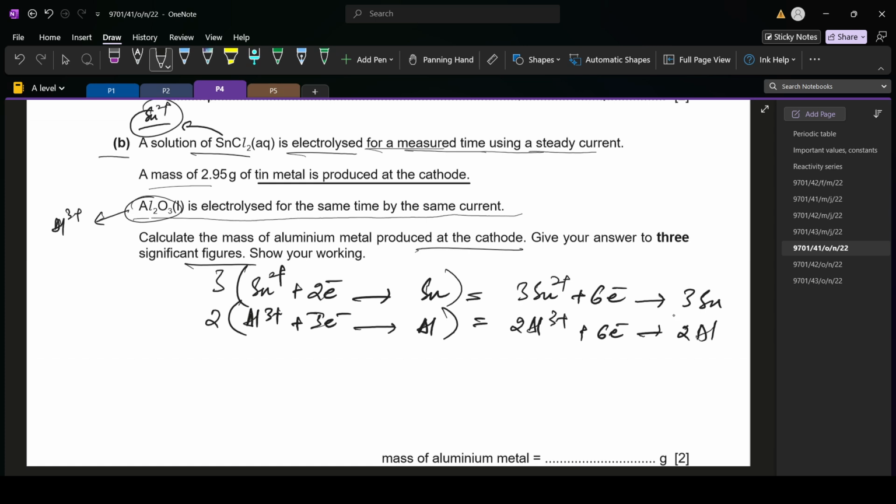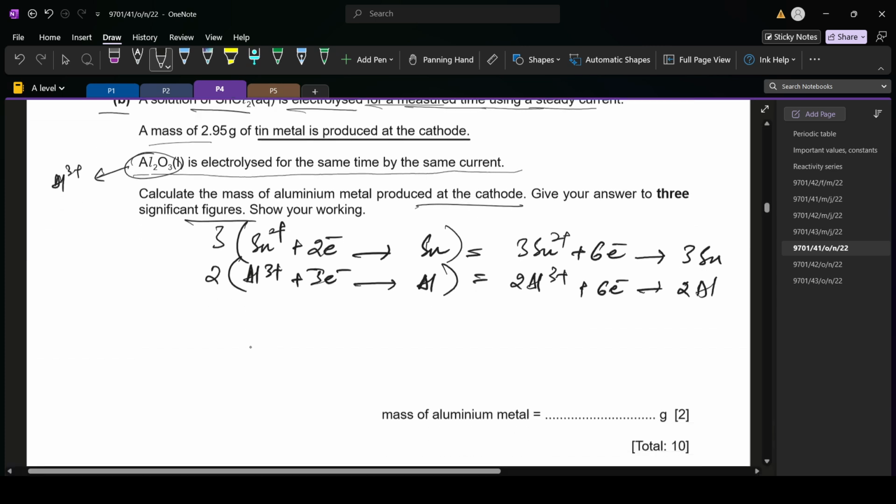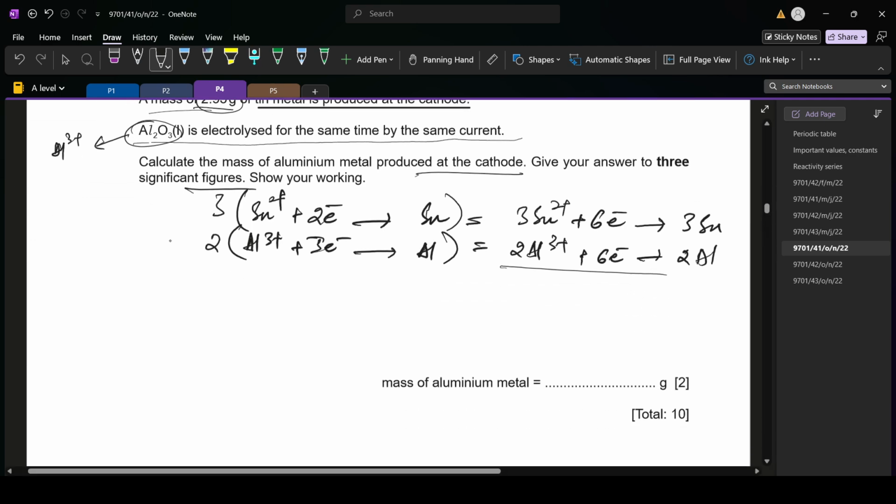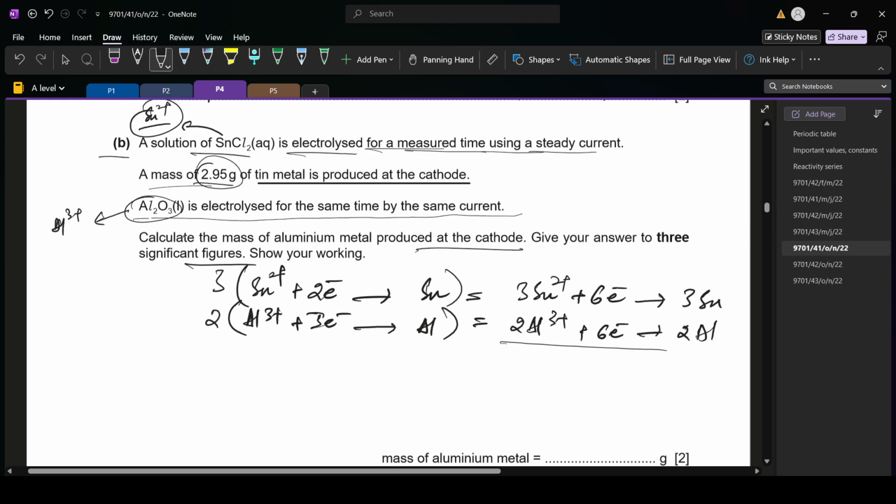Now the equations are ready, so let's do calculations. The mass of the tin metal produced at the cathode is given to you, so let's change this into moles.